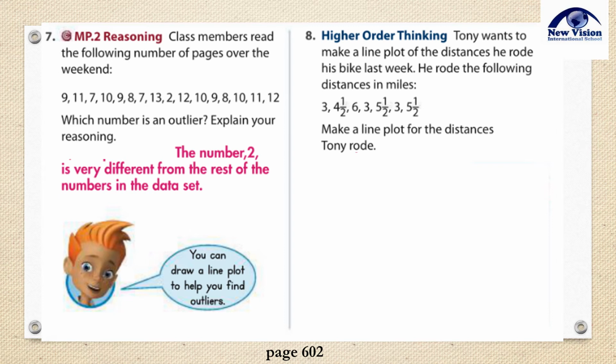Number 8. Higher order thinking. Tony wants to make a line plot of the distances he rode his bike last week. He rode the following distances in miles: 3, 4 and 1/2, 6, 3, 5 and 1/2, 3, 5 and 1/2.